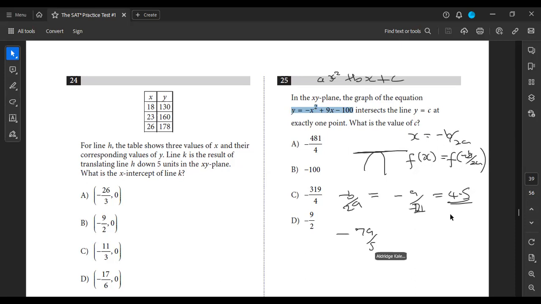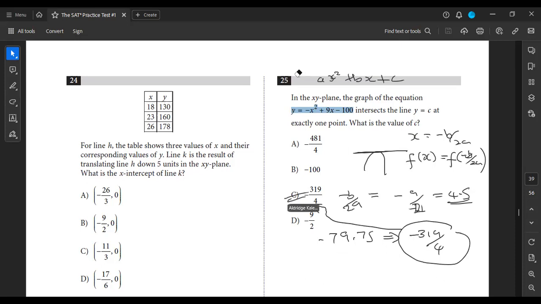Let me do that properly. The answer I found is negative 79.75. I convert that into a fraction, and you realize that the answer is C.